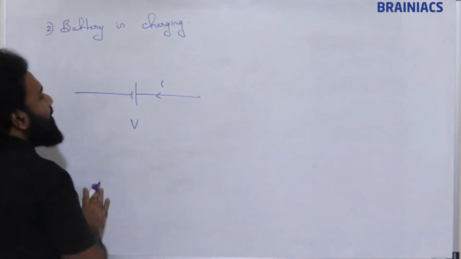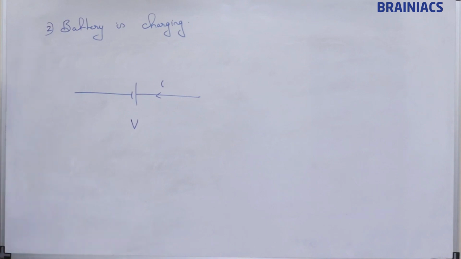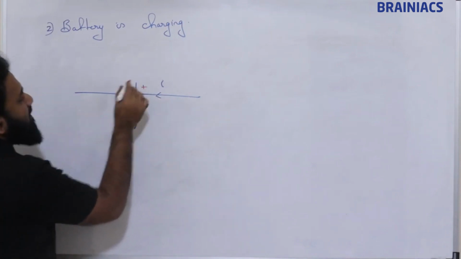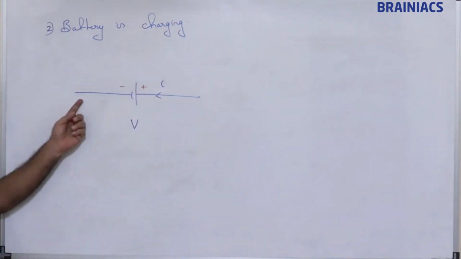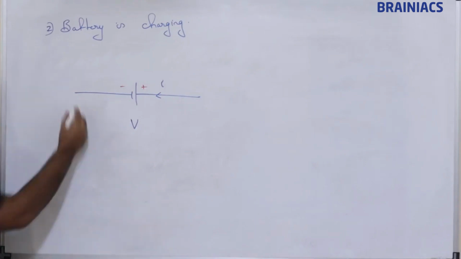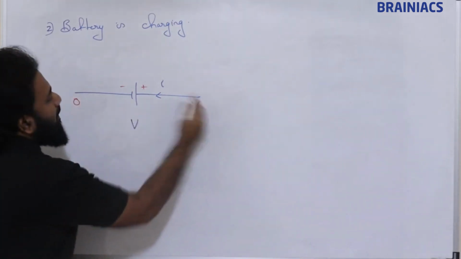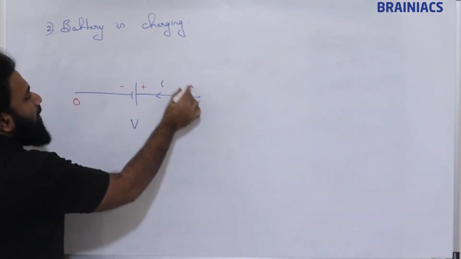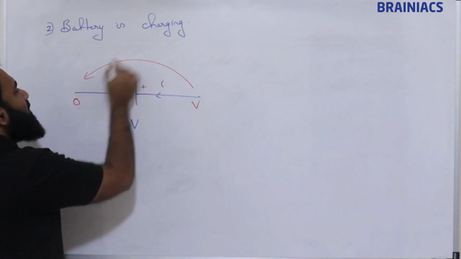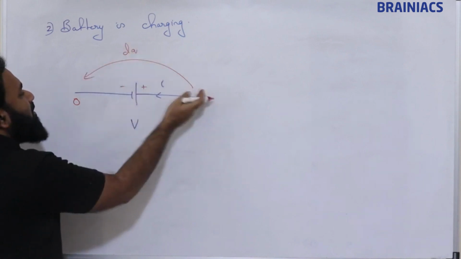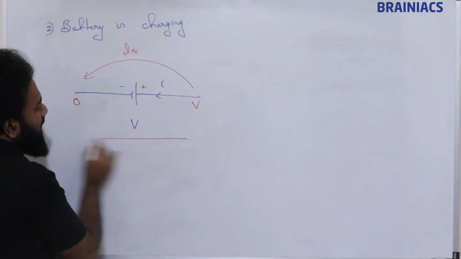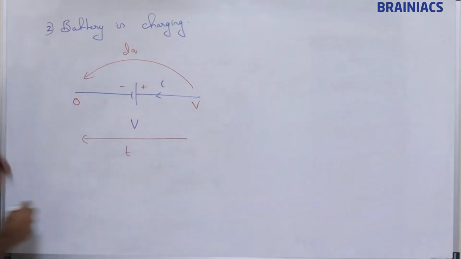This is V, the EMF or potential difference created by the battery. This is plus, this is minus. So I can mark here 0 and here V. We will be bringing charge dq from this end to this end, taking a time t.